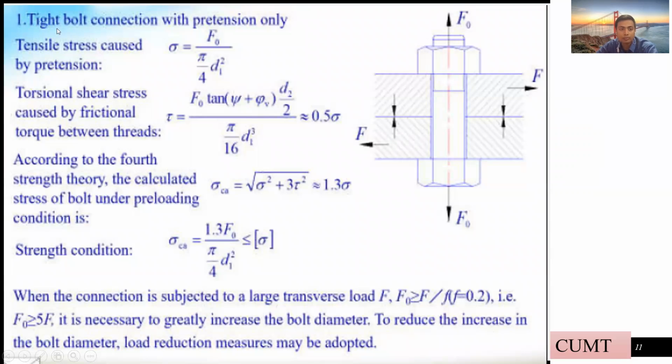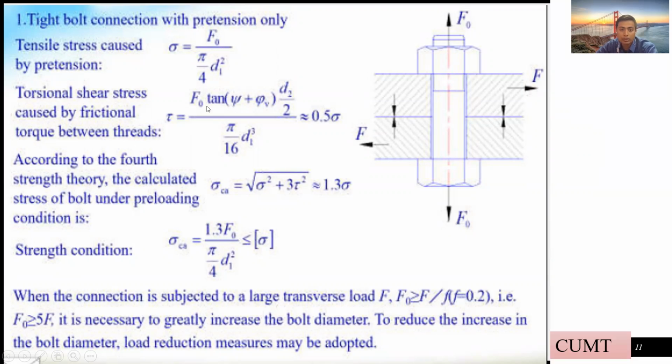To talk about the tightened bolt connection with pretension only, as we can see, the force action line is perpendicular to the surface. So this is called pretension only, and this is the equation.